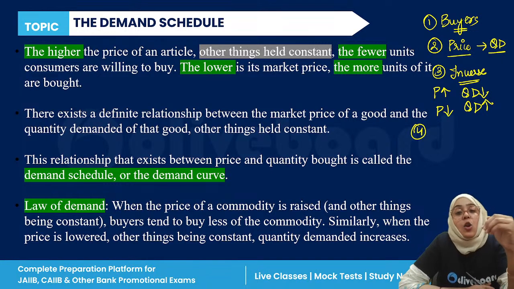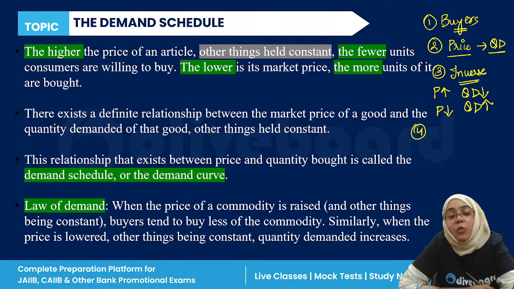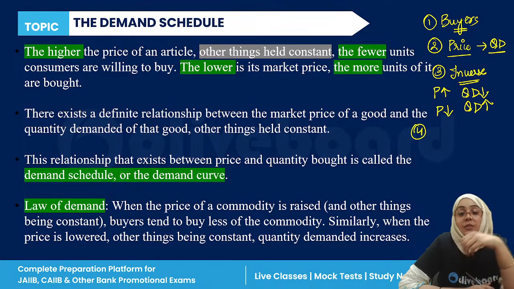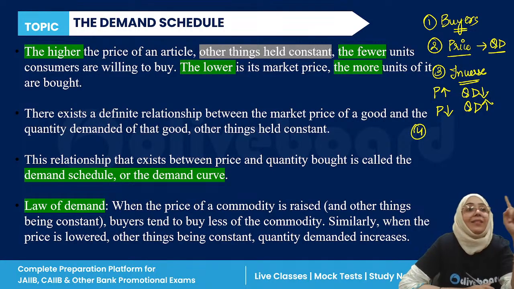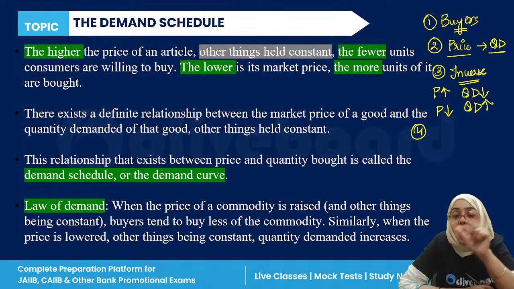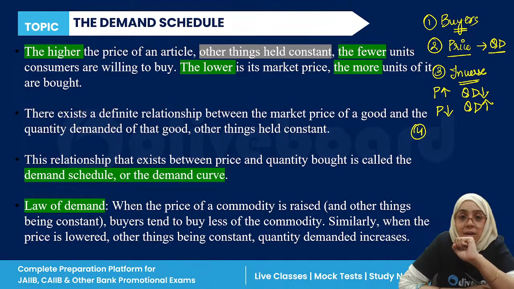Other than price, there are other factors which affect the demand of a particular buyer. So demand is affected by quality, income, fashion, taste, preference. We have seen that ice cream demand rises in summer and drops in winter, right? Because the season also has an effect on demand.